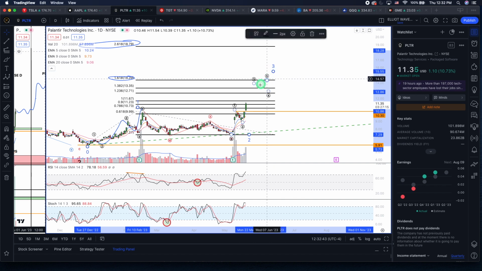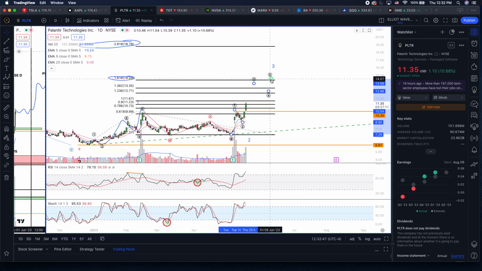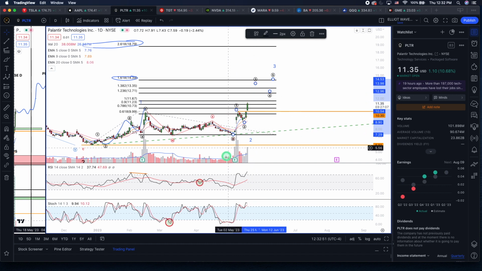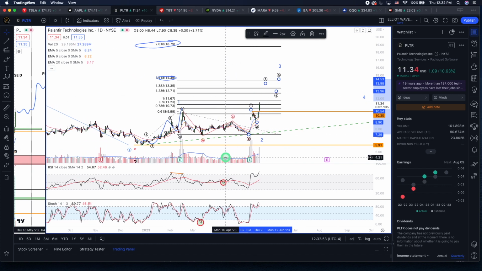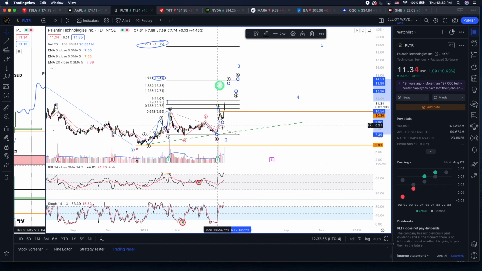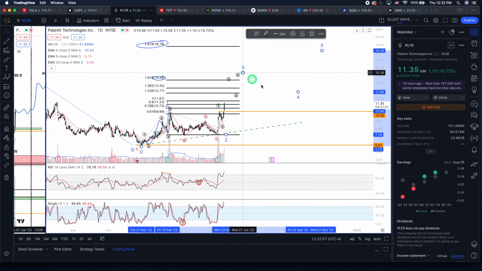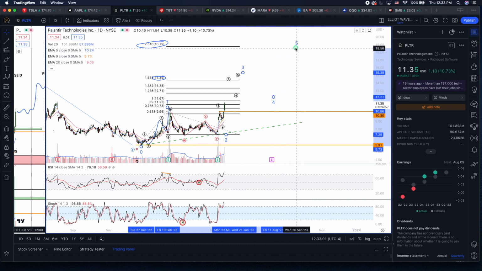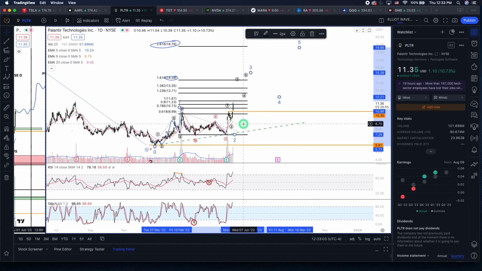We'll have to see how the wave plays out, but it looks more impulsive than that. So that's the level that I think that we are headed for. Playing out as is. Once we get this 3rd wave, then we would look for a 4th wave retracement, and then a 5th wave. But yeah, so those are the two targets that I have in mind, right?